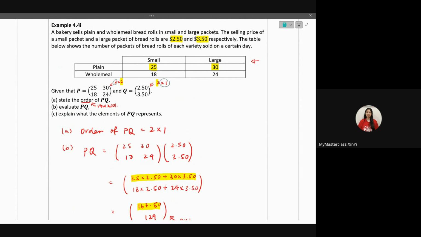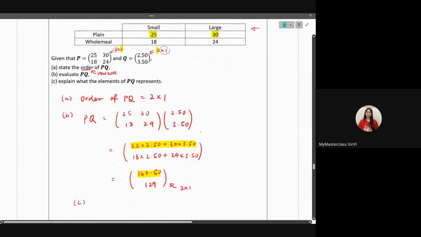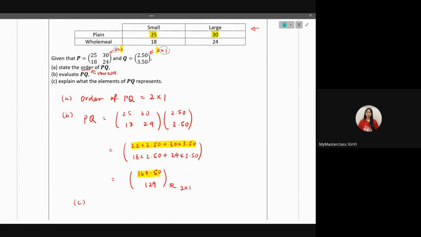So when you do this operation and add them up, this basically means the total amount collected from the sales of plain bread.